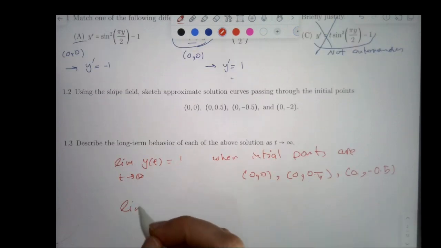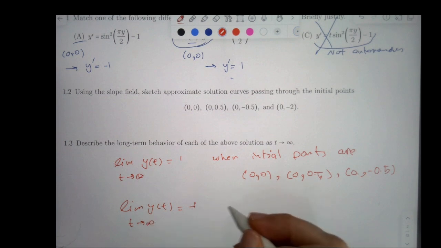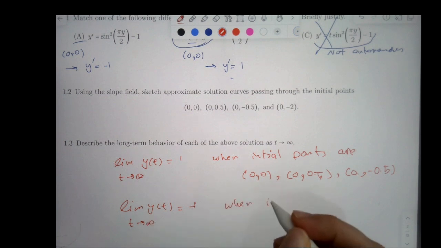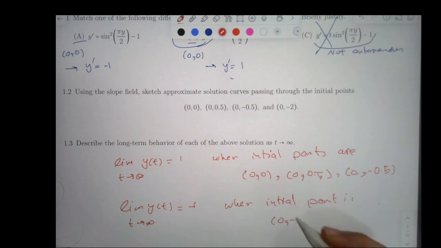Then we saw in the picture the limit of y of t is equal to -1 as t goes to positive infinity when the initial point is 0 and -2.